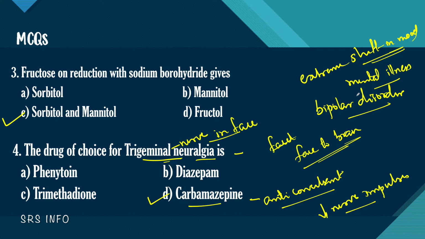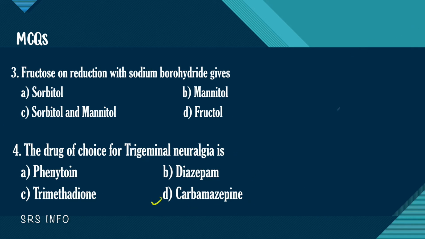This is called extreme shift in mood, and this disorder is called bipolar disorder. Carbamazepine is one of the drugs used to treat bipolar disorder. And phenytoin and trimethadione are also used as anticonvulsants. These are used to treat seizures, and trimethadione is a choice of drug in epilepsy.